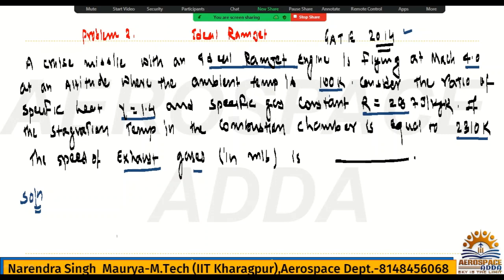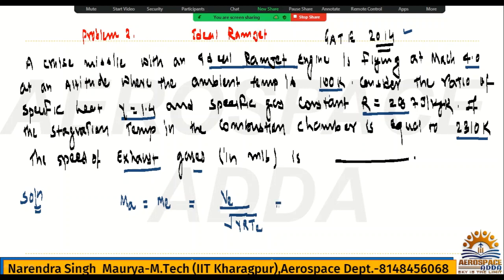Now here we have to process this problem in the same way as the previous. So what to do? Simple, we have a condition. What is the condition we have? MA is equal to ME. All right, and we all know the Mach number at the exit is nothing but VE, exit velocity, divided by root of gamma R TE.